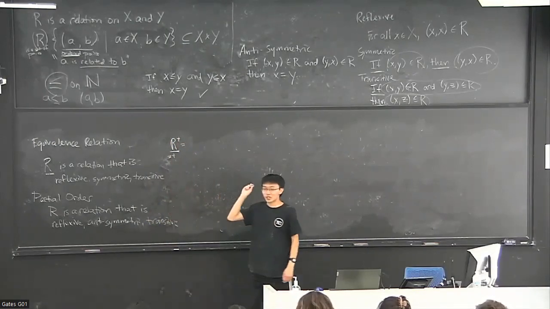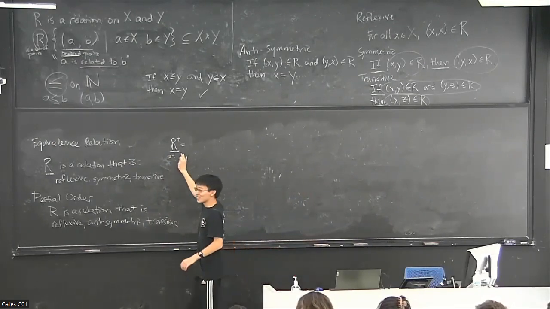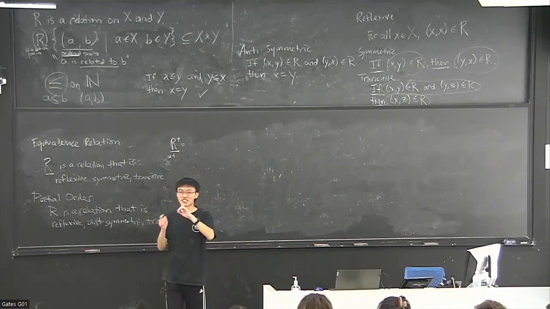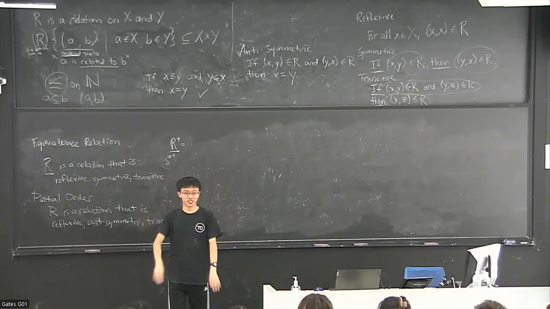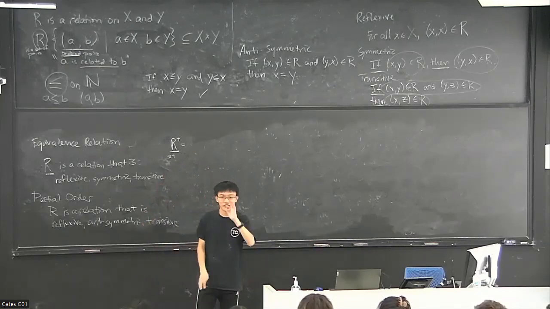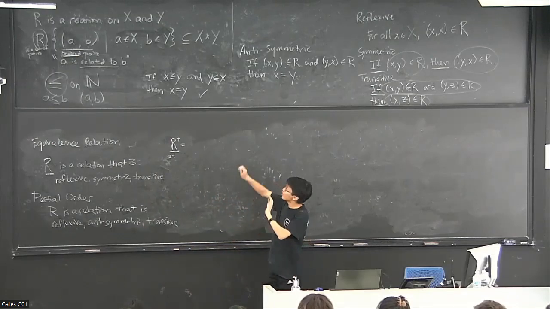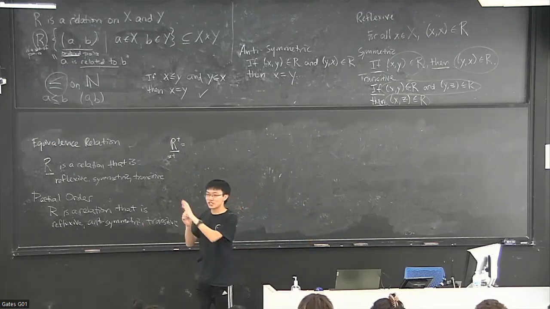R plus in problem 11, the tricky bit is that R plus is a relation in parts A and B, but then it's the set of things that the relation is acting on in C through G. I don't want this to get too confusing, but remember that here we set a relation on set X. That means you have pairs.